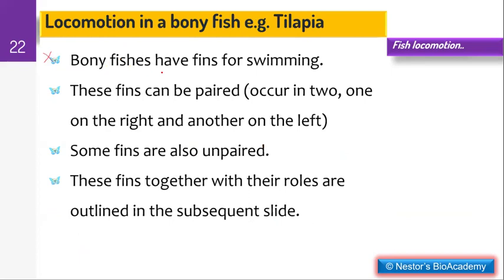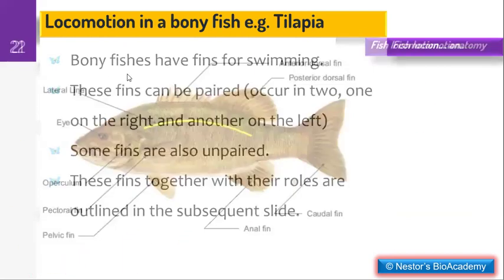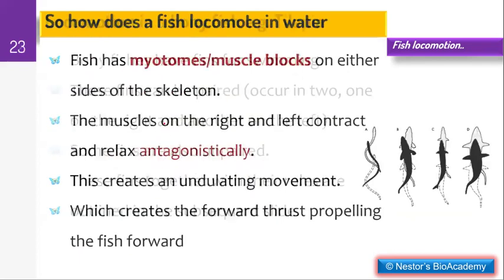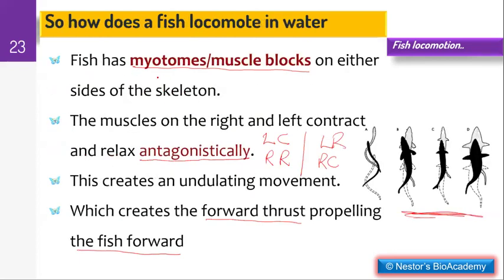You say the fishes usually locomote through swimming, and then you describe the possession of fins for that purpose, mentioning the types of fins and what they do, mentioning the big role played by the myotomes, the muscles contracting and relaxing antagonistically to create the undulating movements which create the forward thrust, propelling the fish forward.